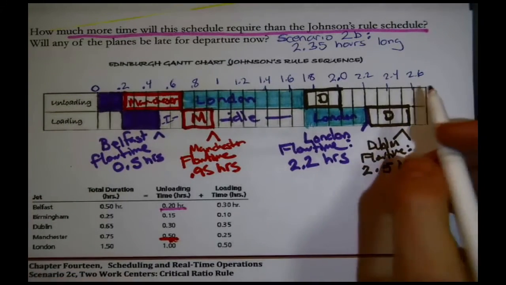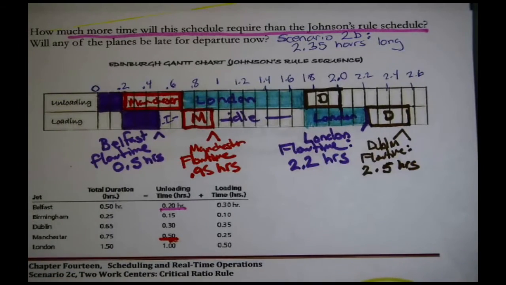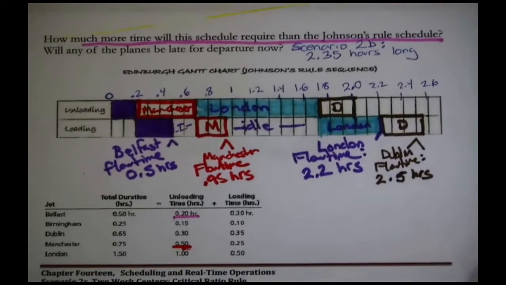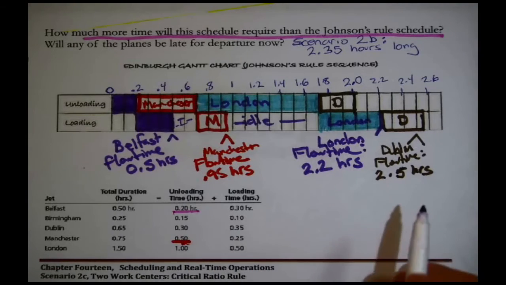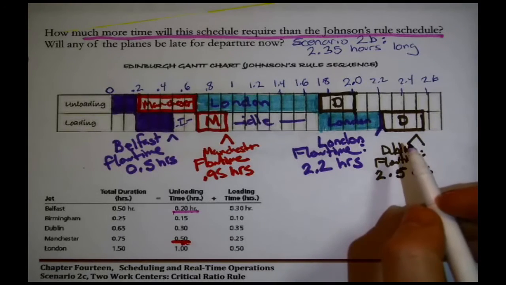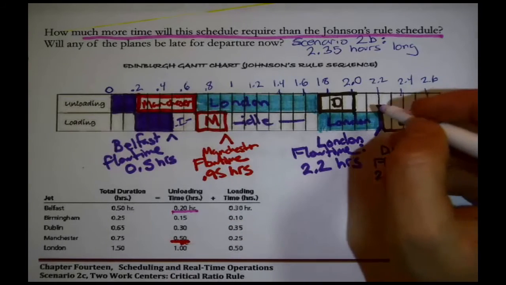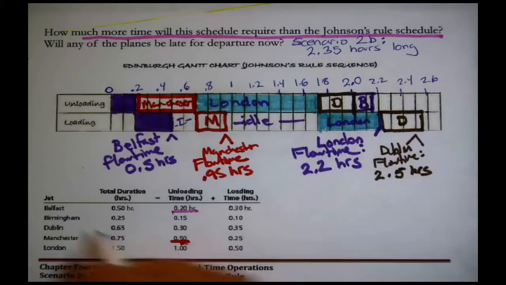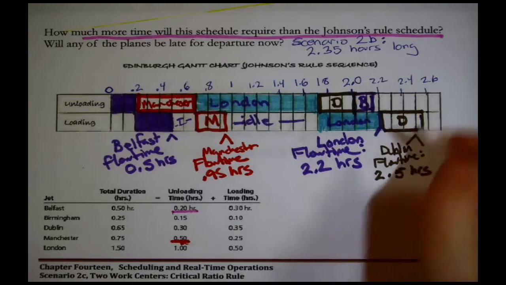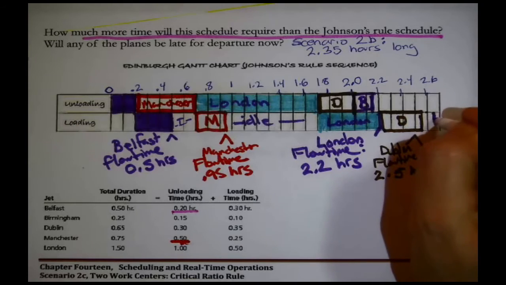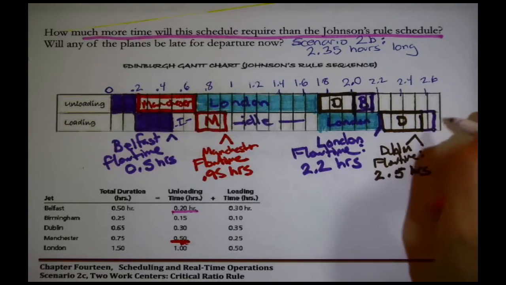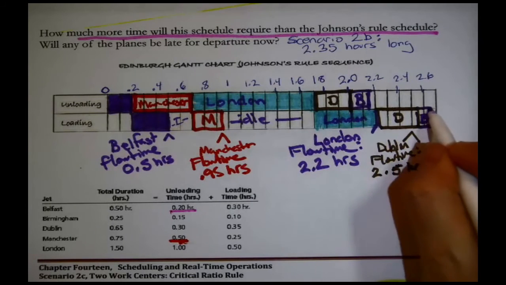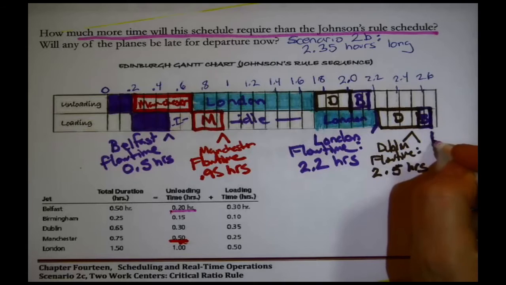Now, one last one. Birmingham. Birmingham is a small thing. Yes, 1.5 columns here for Birmingham. And then Birmingham, only 1 column, because it's only 0.1 hours.